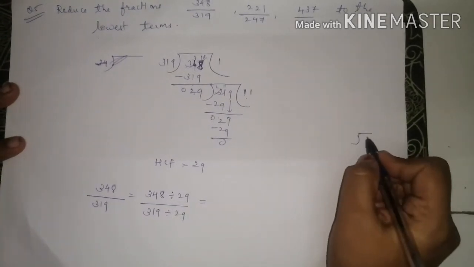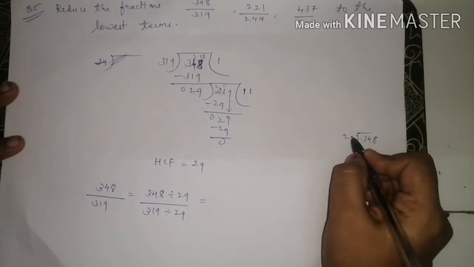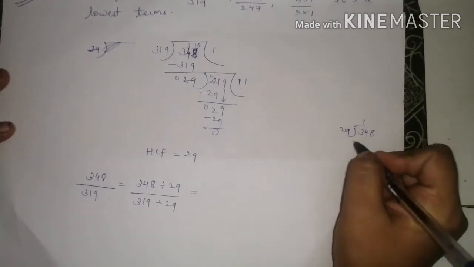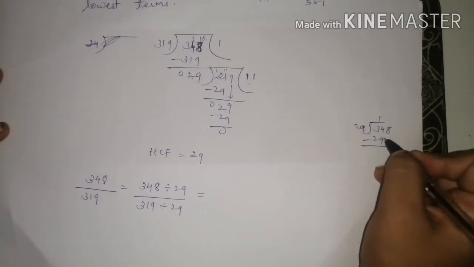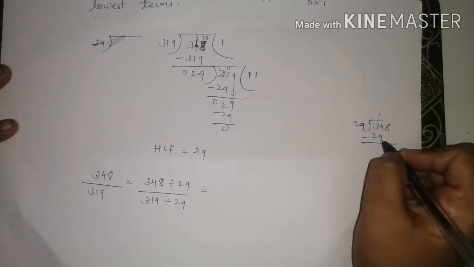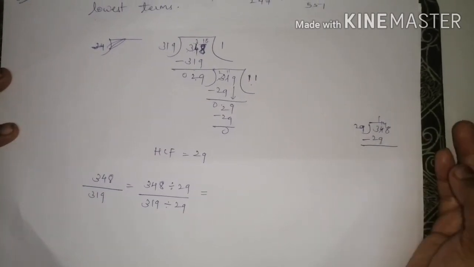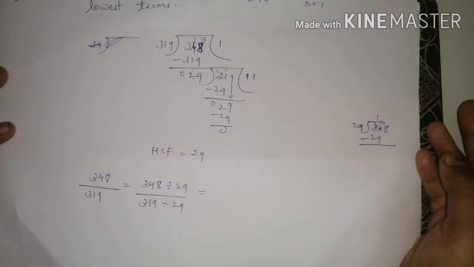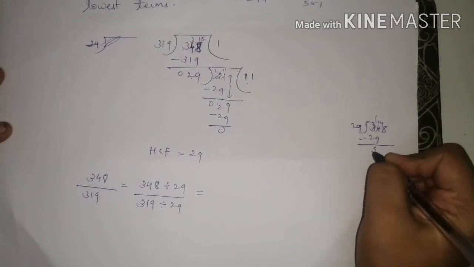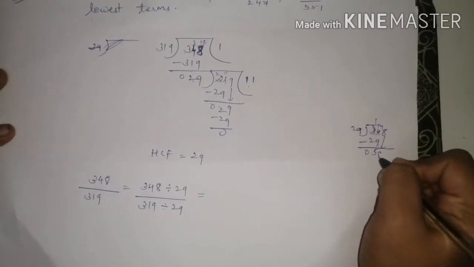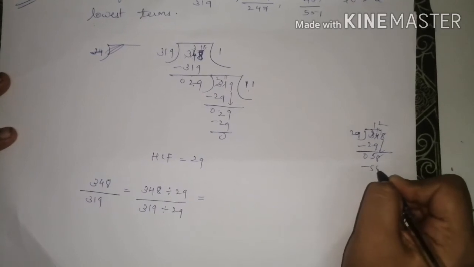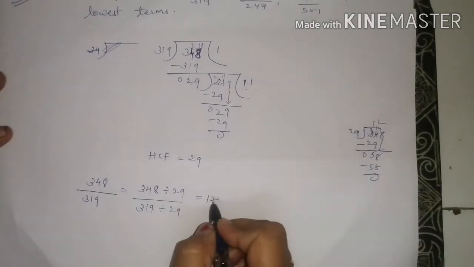Let's divide 348 by 29. 29 ones are 29. 34 minus 29 is 5. Take this 8 down. 29 2s are 58. So we got 12.